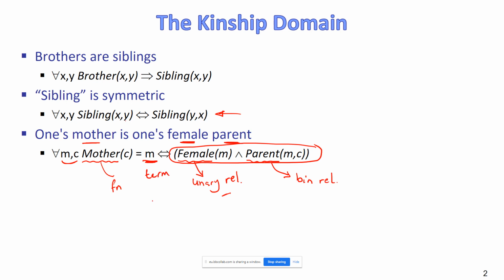It's a term, and mother of C as a whole is another term. So mother is a function, mother of C is a term. Term means something that refers to an object. Okay, so this sentence has all the main elements in first order logic. Any questions about this?